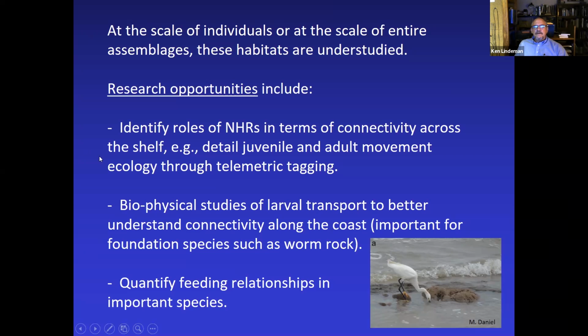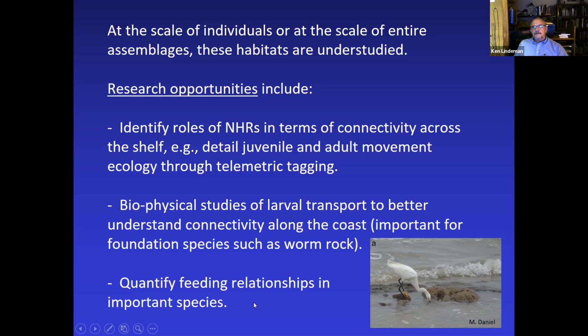There's a need to detail juvenile and adult movements through telemetric tagging. There's a lot of potential here. There's a need for biophysical studies of larval transport to better understand connectivity along the coast. This could be especially important for foundation species such as worm rock. There's a real need to quantify feeding relationships in important species.